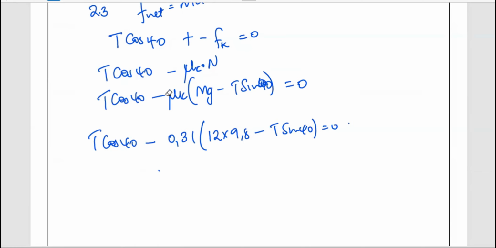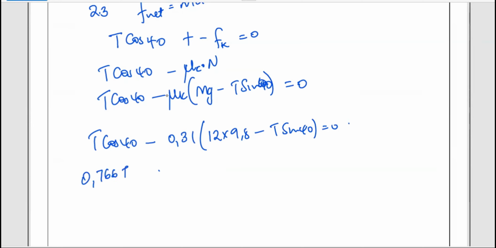That is 0.766T minus, when I multiply this entire thing, 0.31 times 9.8 multiplied by 12 is giving me 36.456. This and that, I'm going to get a plus. What is the sine of 40? Sine of 40 is 0.643T is equal to 0.